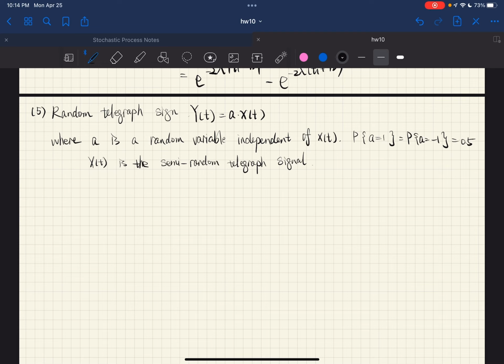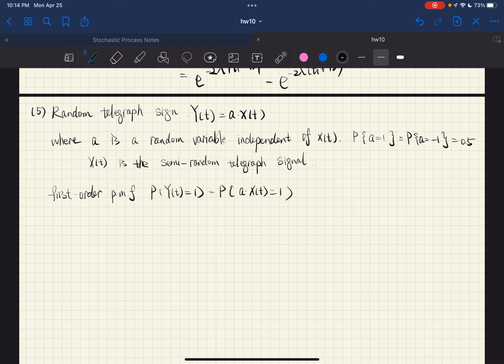And the first order probability mass function is, when the probability of Y(t) equals 1, we can just substitute Y(t) as A times X(t).